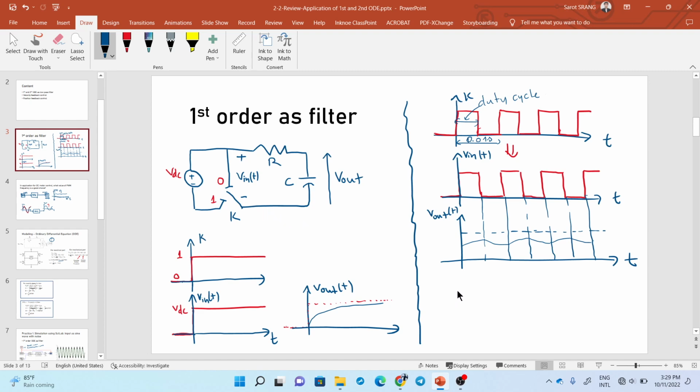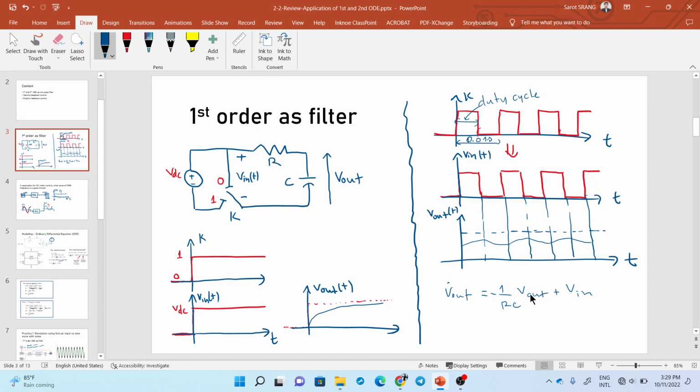The equation looks like this. V out dot equals minus 1 over RC V out plus V in. Okay, like this.